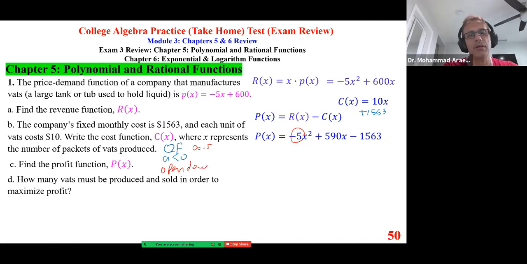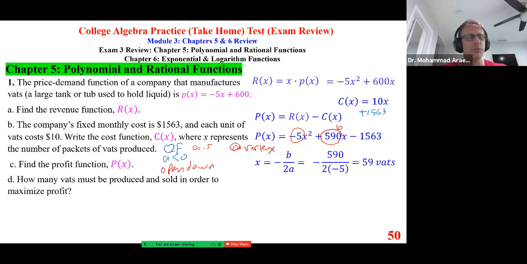It's a parabola that opens down. So the maximum occurs at its vertex, x equals minus b over 2a. The maximum occurs at the vertex where b is 590 and a is -5. So minus 590 over 2 times minus 5 gives us 59.